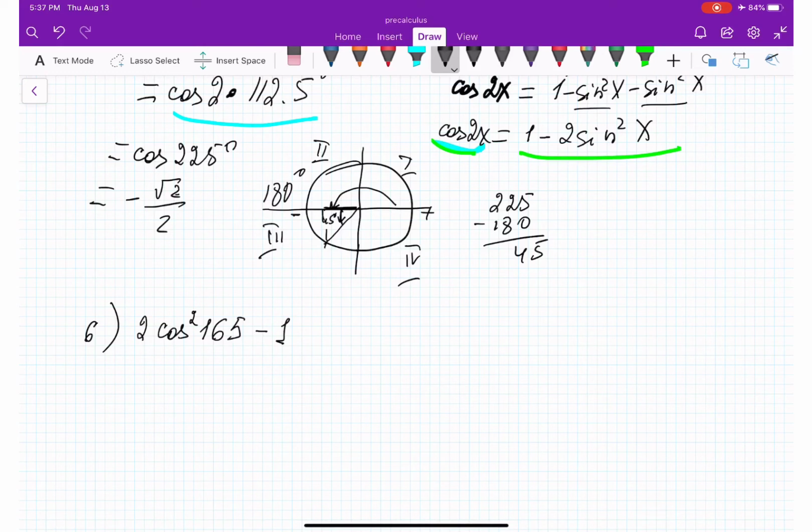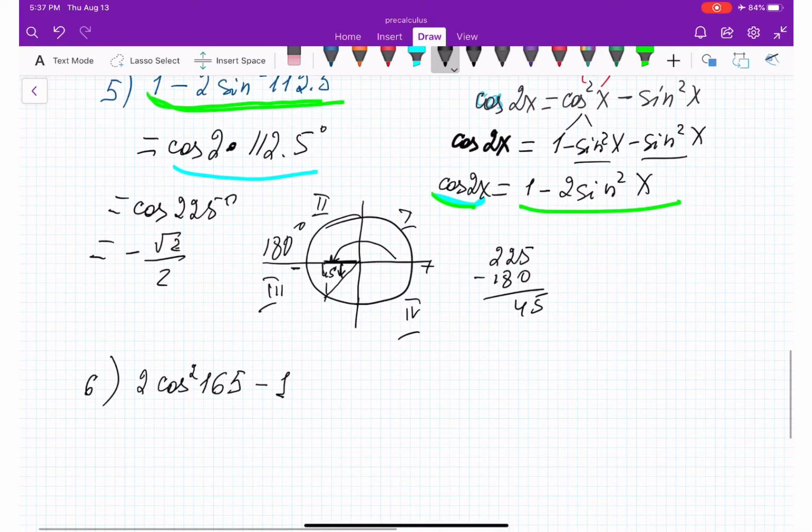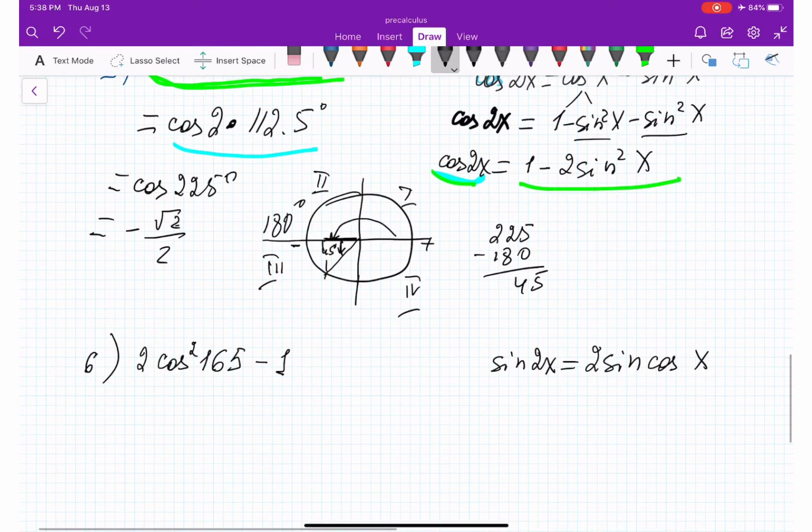How are we going to apply this? We are going to do it a similar way as we did this one. So let's see. We know that already sine 2x is equal to 2 sine x cosine x, right? Okay. Let me see. Since we have minus, hold on. Yeah, we want to go through cosine 2x.